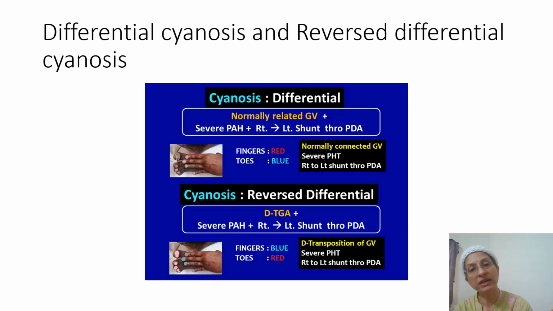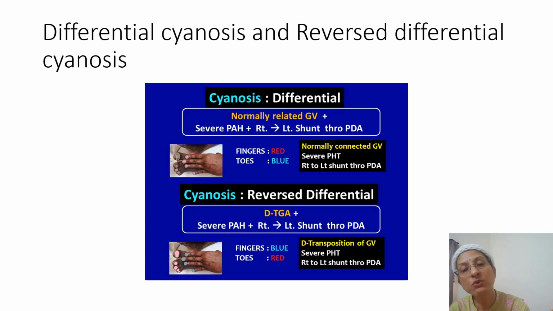Two more terms when it comes to cyanosis, very important for you to understand, are differential cyanosis and reverse differential cyanosis. These are two very peculiar scenarios which will be seen in children with congenital structural heart diseases. What is differential cyanosis?